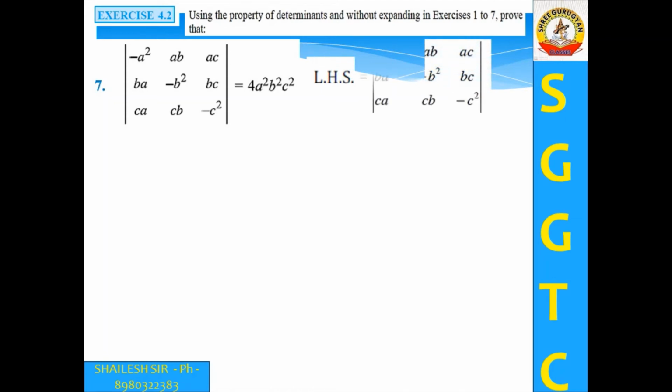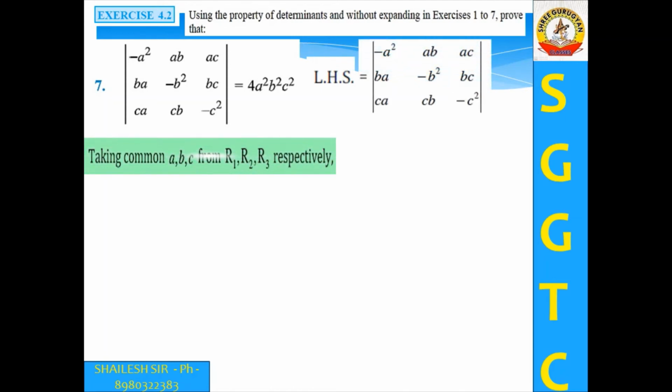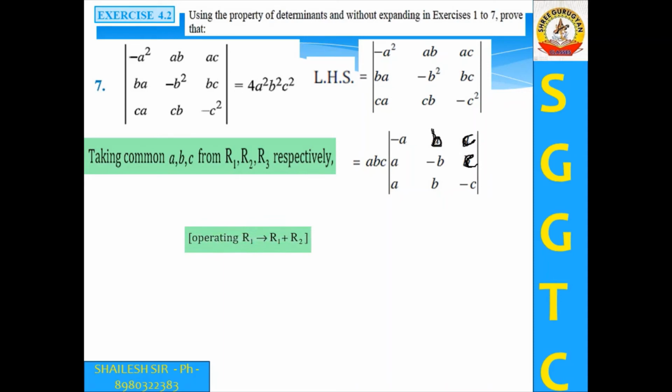So here you take A common from the first row. Similarly B common from the second row and C common from the third row, and column wise is also common here. See, in column 1 A, column 2 B and column 3 C. So I just operate the common taking first.